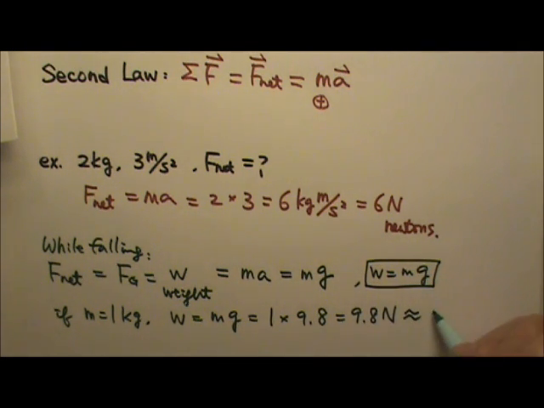Of course, I can round this to 10 newtons. Here I have a 1 kilogram and a scale that measures force in newtons. So if I hang this 1 kilogram here, you can see that it reads about 9.8 newtons. It's a little over 10, but that's just because it's not a very accurate scale.